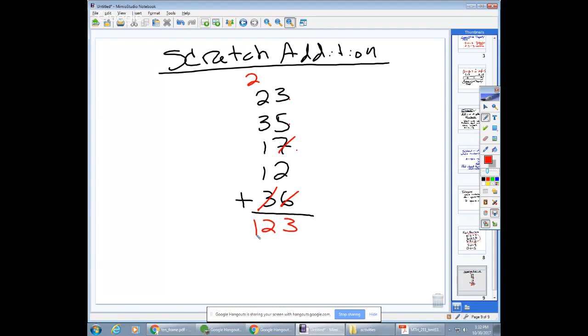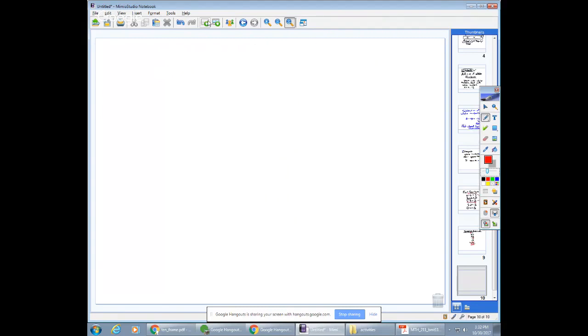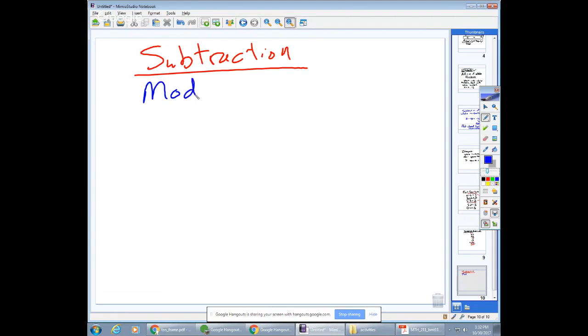Okay, let's take a look at subtraction again. And just a review of the models that we came up with. Remember, models explain why we should get a certain answer.